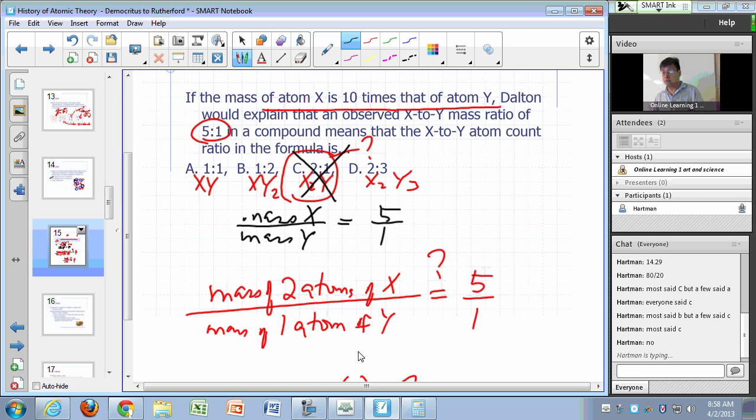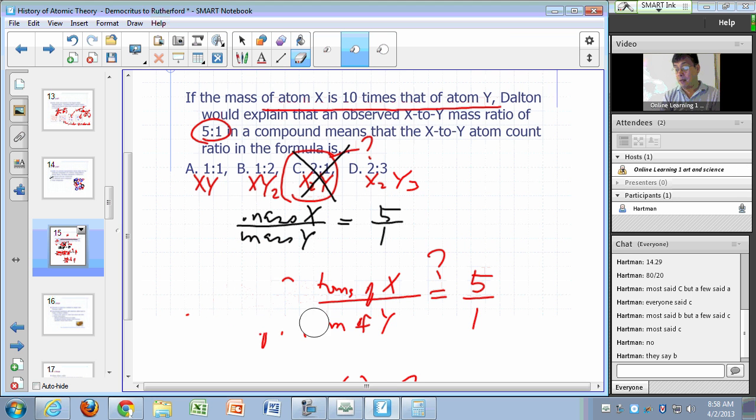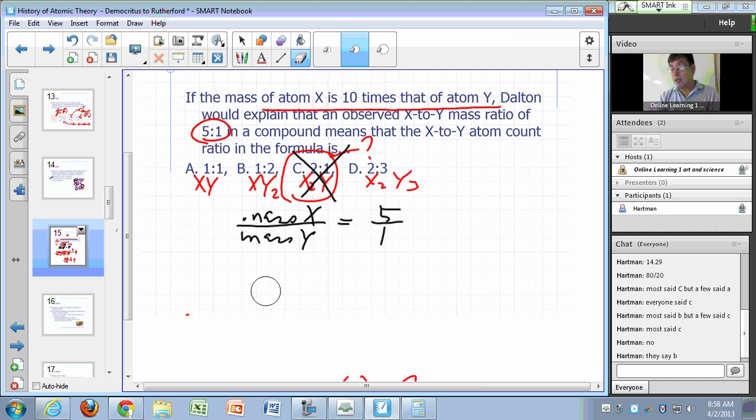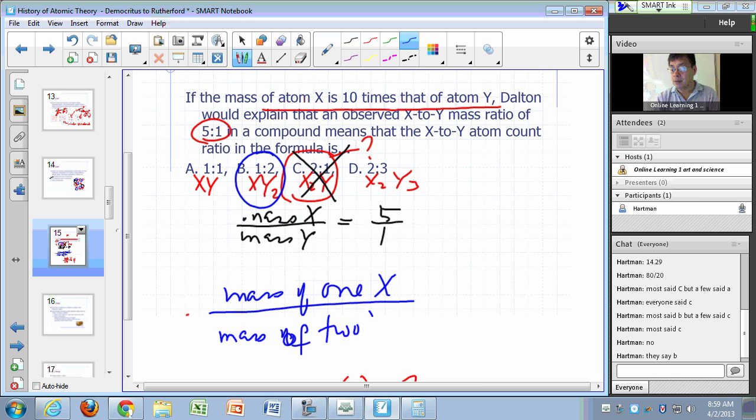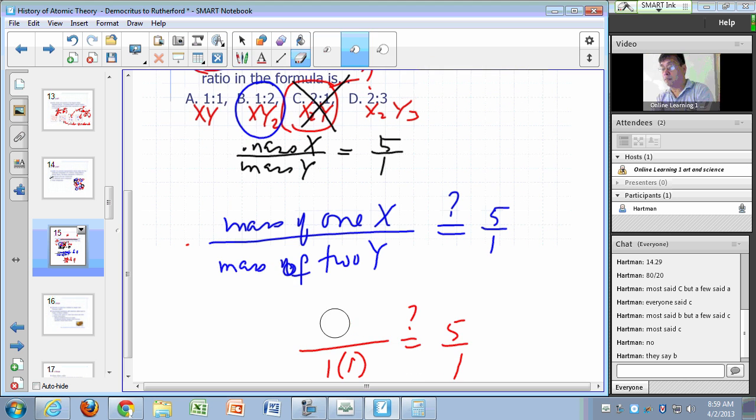What's the other possibility? B? Okay. What if it's B? Then you say mass of 1 X over mass of 2 Y's. Is that equal to 5:1? Well, what's 1 X?